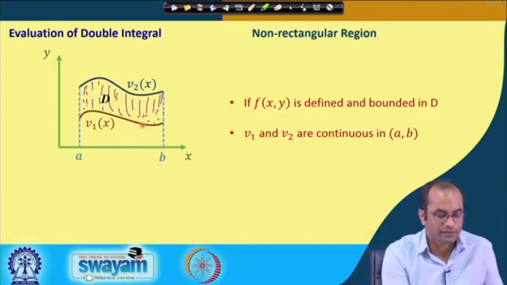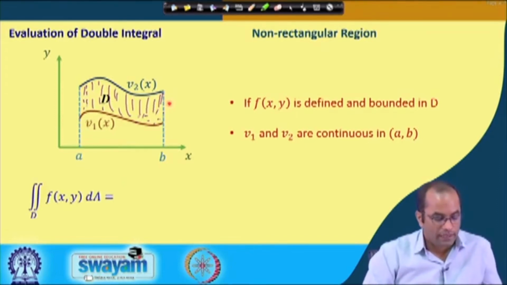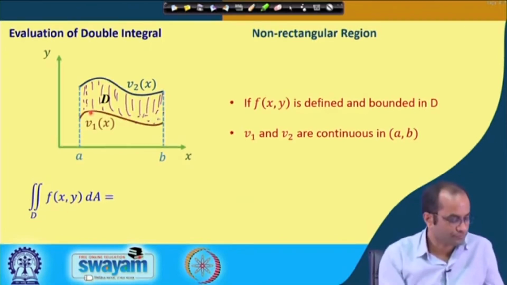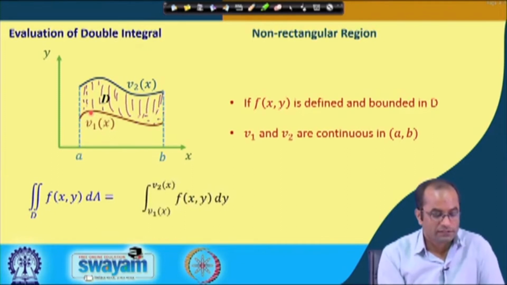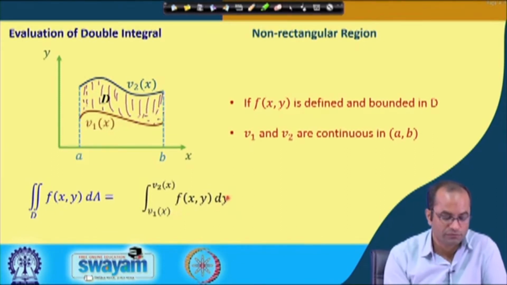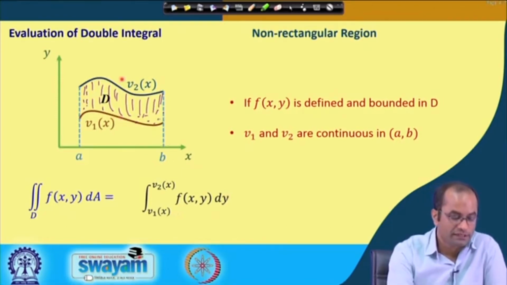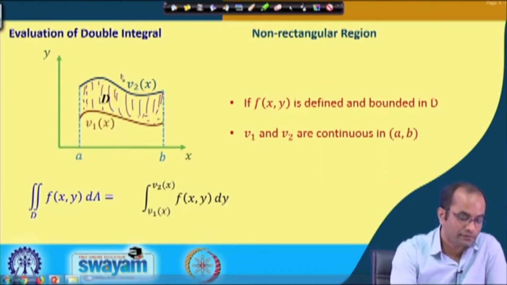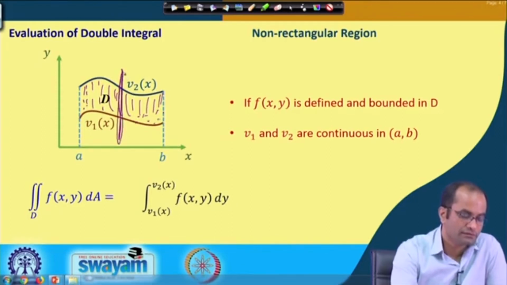So, we have this domain depicted in this figure, and we will now take the double integral of f over this domain D. We have to follow this sequencing. First we integrate with respect to y, because for getting the limits this is the easiest way to understand.